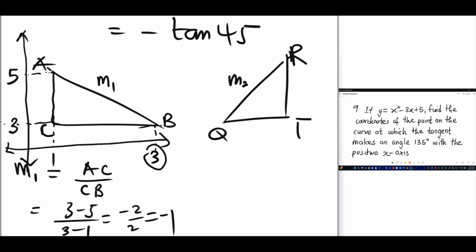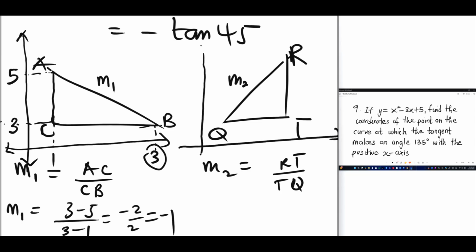Let us look at the second one, our M2. When it comes to M2, the gradient will be RT over TQ. Suppose you have your XY plane here.